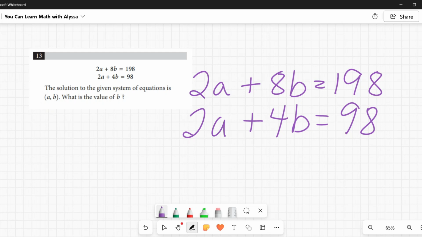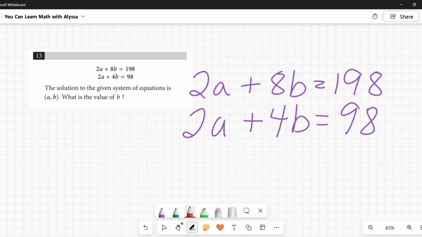I don't have to. Well, if we use elimination for a system of equations, we want something to cancel out. So either the a's or the b's would need to cancel out, and it would leave the other variable in a single variable equation, and then we can solve it. Well, these right here are already very close to being able to cancel out.